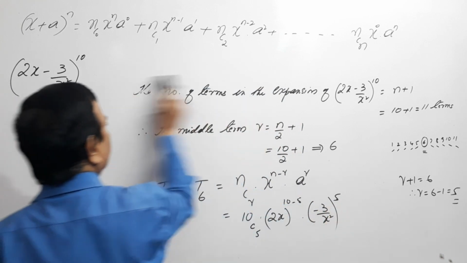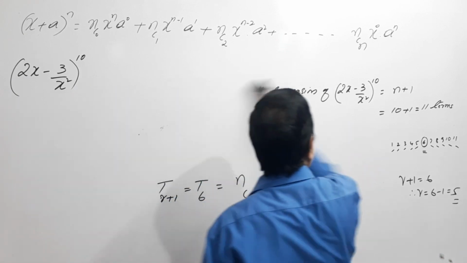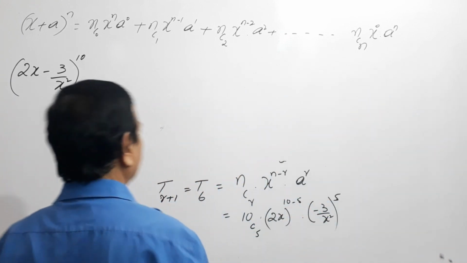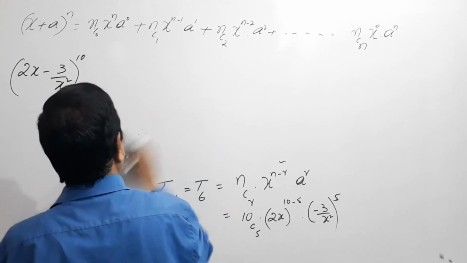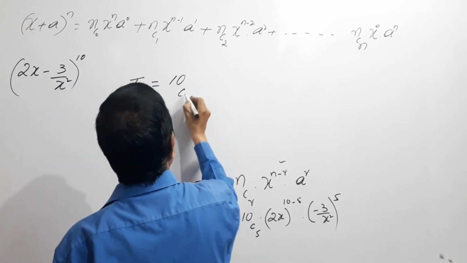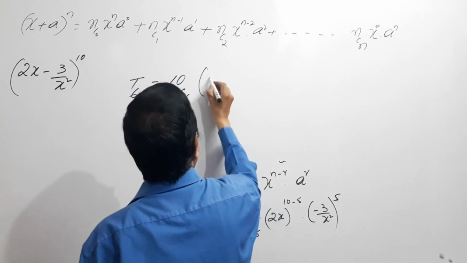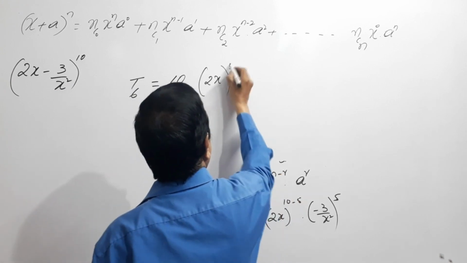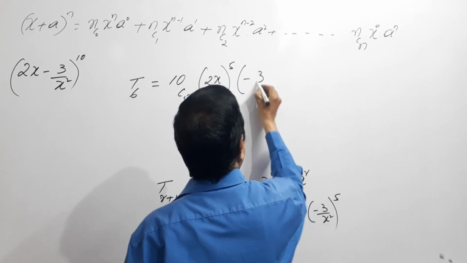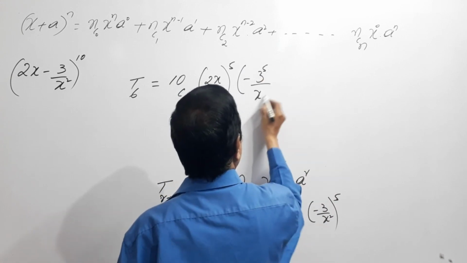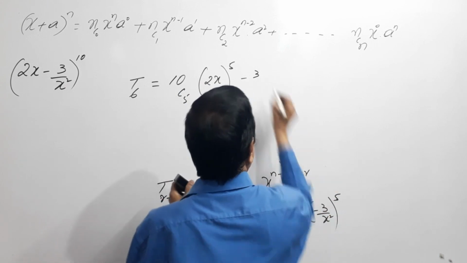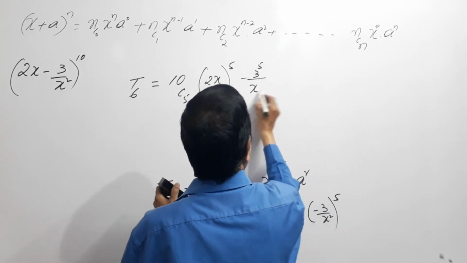Let us solve this. T6 equals 10C5, (2x) to the power of 10 minus 5, which is 5, into (minus 3) to the power of 5 by x to the power of 10.